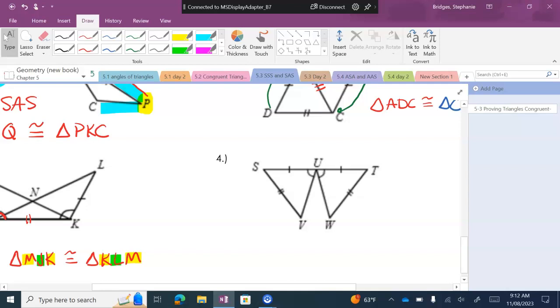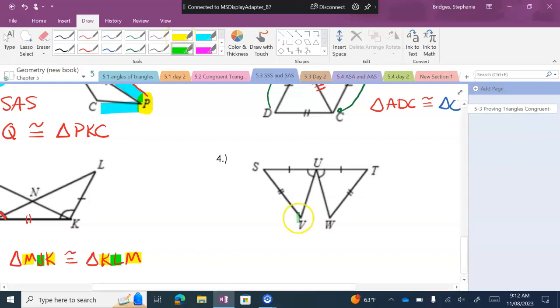Okay. I do have 2 sides and an angle, yes? Does that automatically mean it is side angle side? No, because that angle has to be where? It has to be included in those sides, in between the two sides.